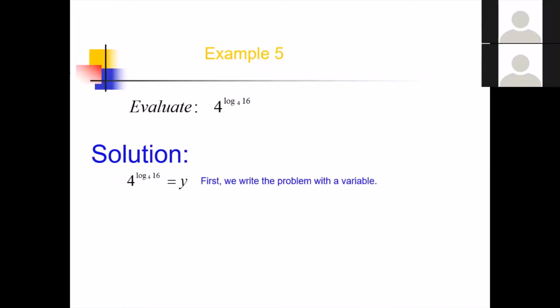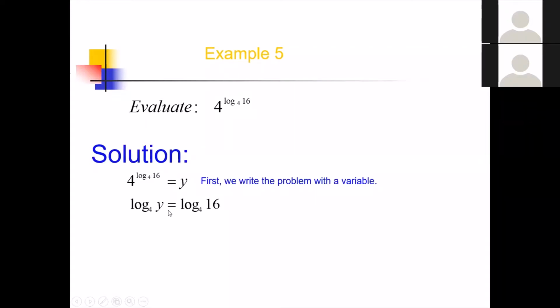Now we write the problem, the variable, in log form: log base 4 of y is equal to log base 4 of 16. How did this happen? First, this exponential form is converted into log form. Base is 4, value is y, and it is equal to log base 4 of 16. We converted it into log form.